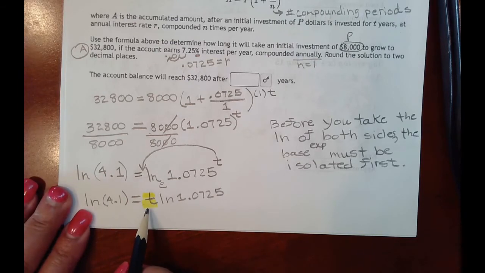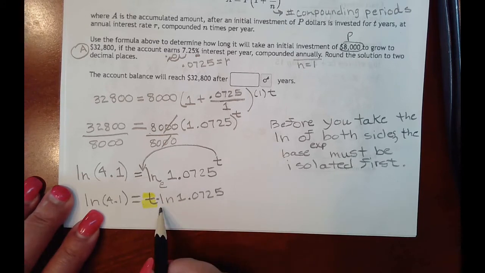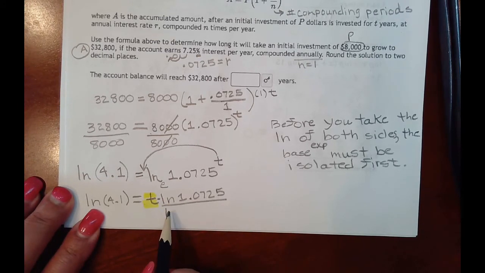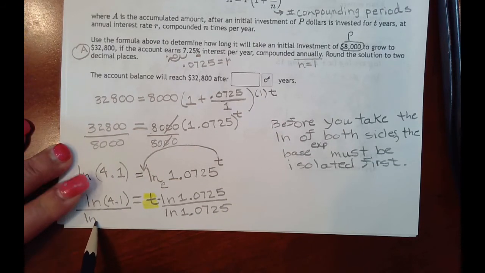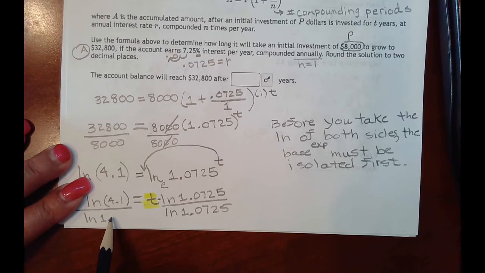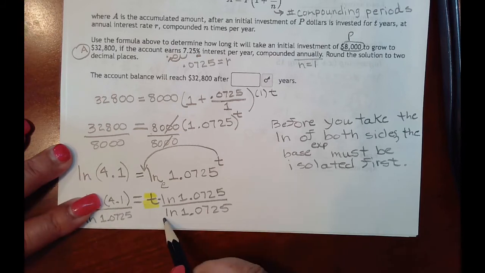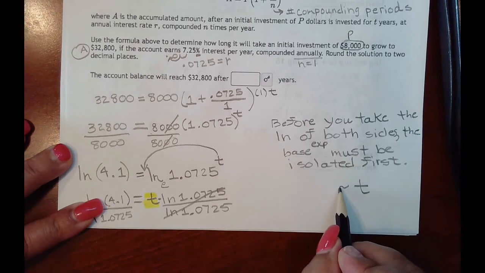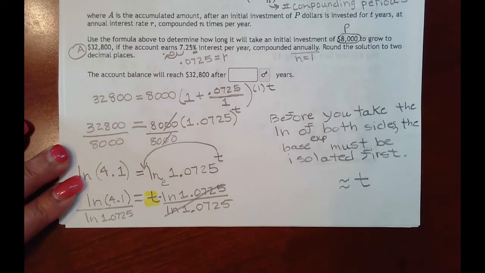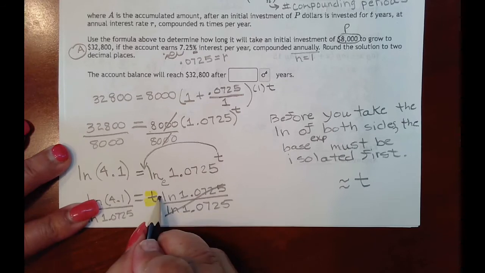So if what we're solving for is being multiplied by ln of 1.0725, then we can divide it right off of that t by dividing by ln of 1.0725. Whatever we do to one side, we have to do to the other side as well. Okay, that would cancel, leaving us with t. We're going to round to 2 decimal places, and we're going to put that in the calculator.